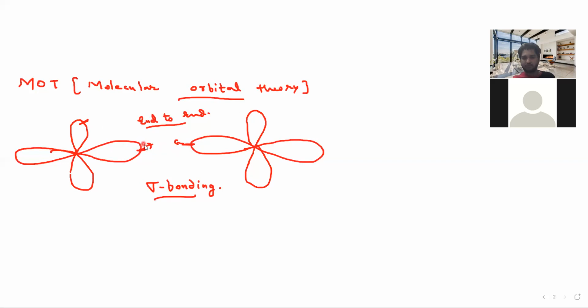Then only they come closer like this. So if they want to overlap now, they have to come very much closer to each other. Now can you see they are completely overlapped. This type of overlapping, which is taking place after the sigma, is called pi bonding.